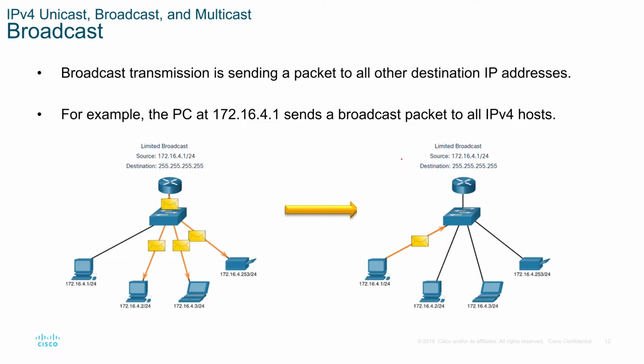Because the broadcast goes to everybody, the more broadcast messages that there are, the less bandwidth is available for the transmission of data. So it makes the network more inefficient when there is an increasing number of broadcasts.